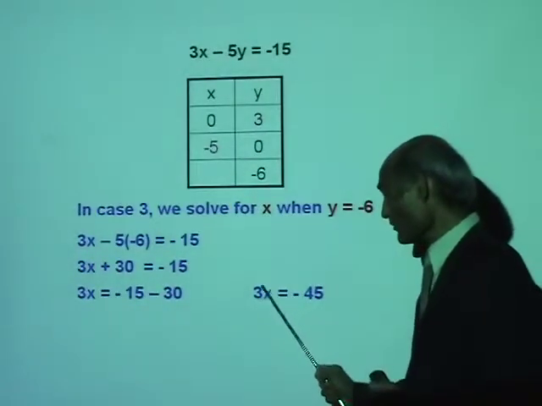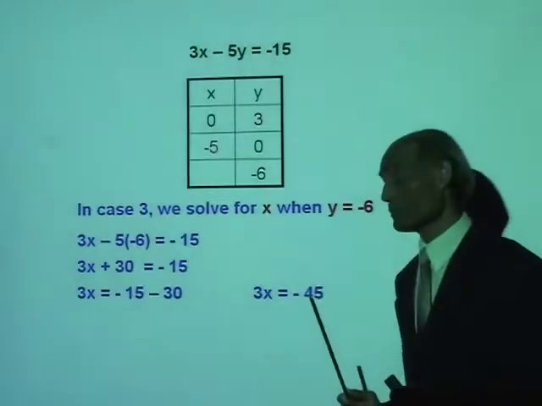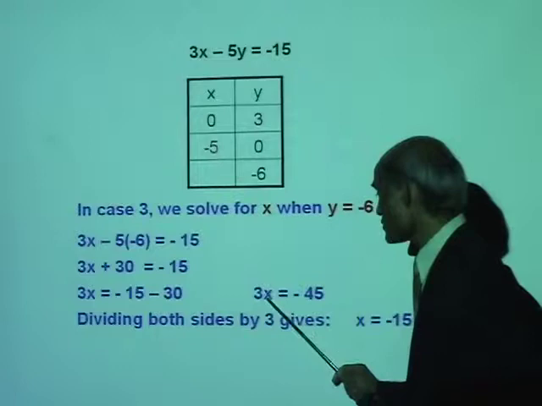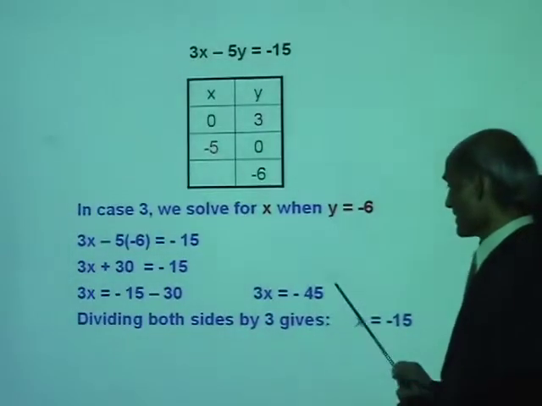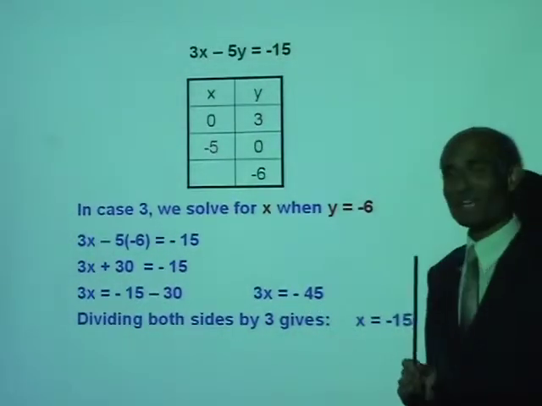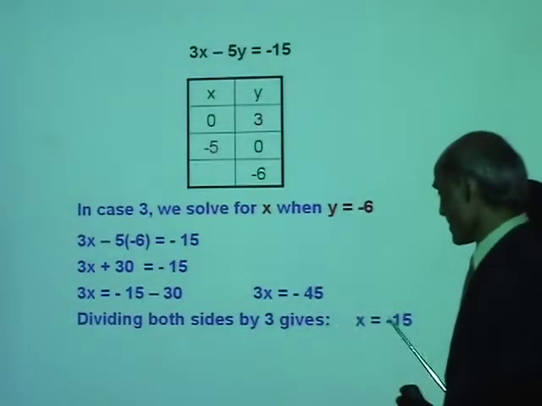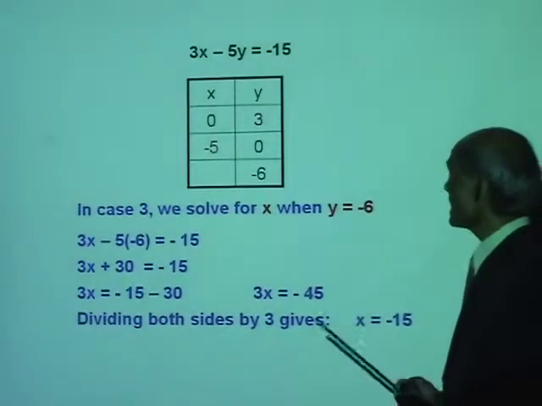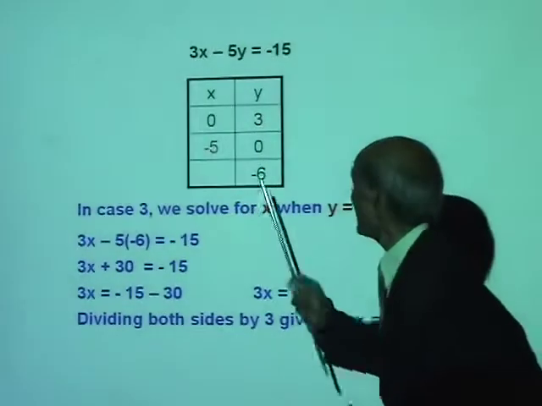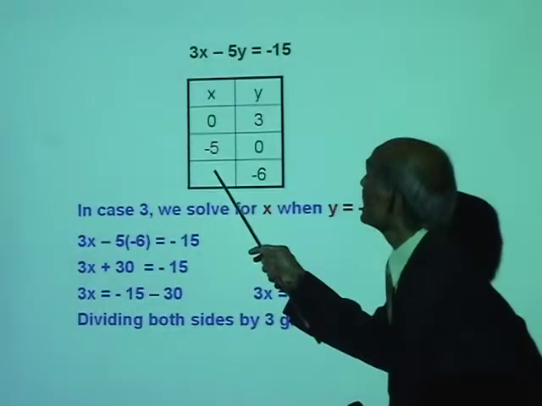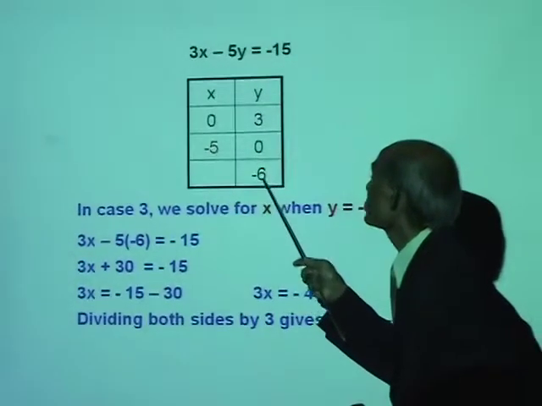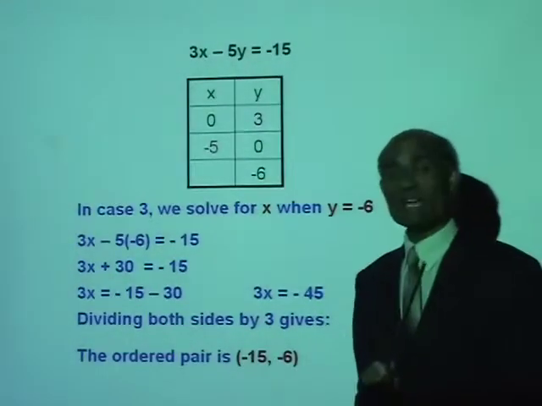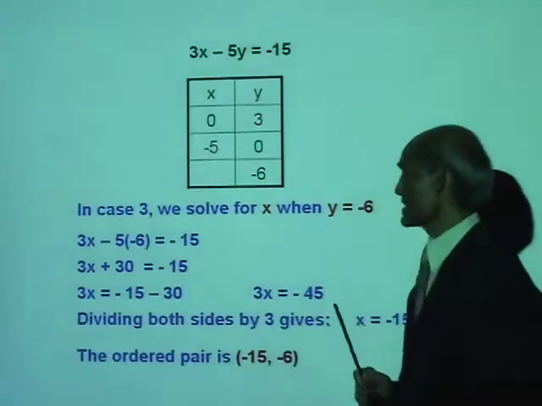To solve for x, divide both sides by 3. There you are. So divide the left-hand side by 3, you get x. Divide the right-hand side by 3. -45 divided by 3 is -15. x equal to -15 is what will produce an output of -6. So the ordered pair is (-15, -6).